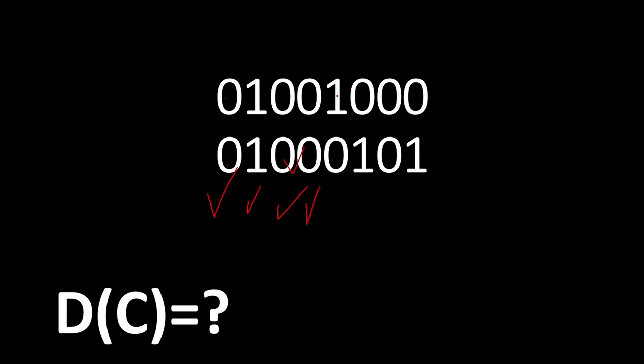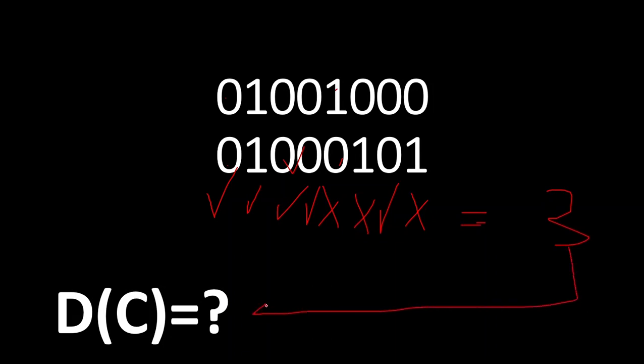Yes, they are. But look at this: 1 and 0, they're not the same. So X. 0, 1, not the same. 0, 0, the same, and not the same. All we have to do is count the number of X's, which is 3. And that's it. That's the Hamming distance.